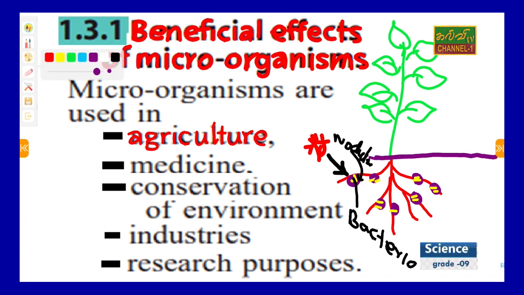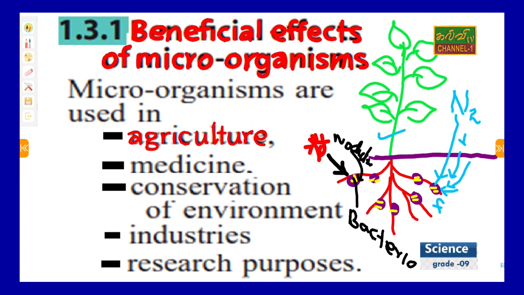What they do is convert atmospheric nitrogen. The soil layer also has atmospheric nitrogen available. So that nitrogen has to be converted into fertilizer for the plant. So what we like to say is that we use some microorganisms in our agriculture, right.